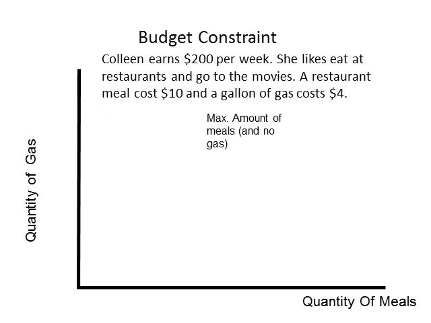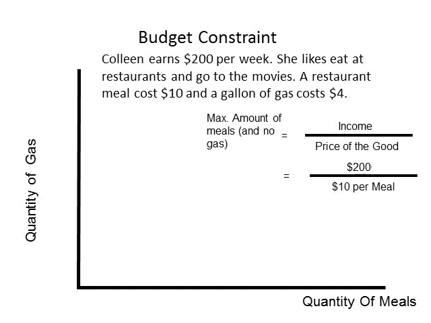As you may remember, the maximum amount of meals that Colleen is able to purchase is found by using the formula income divided by the price of the good. Since Colleen earns $200 per week and her meals cost her $10, we'll substitute in $200 for her income and $10 for the price of the good, in this case her meals.